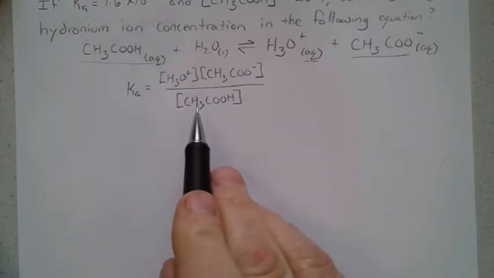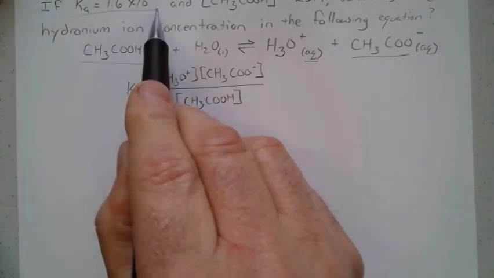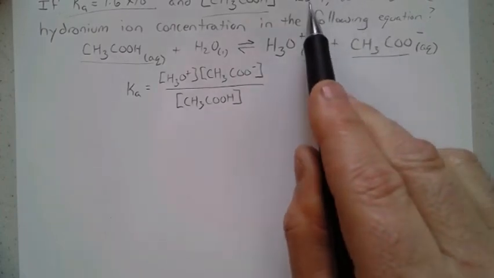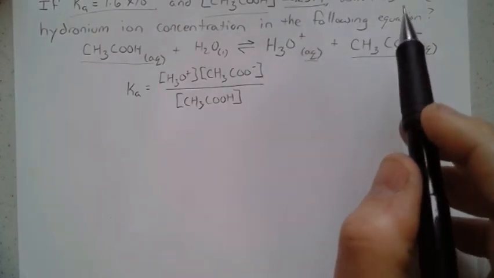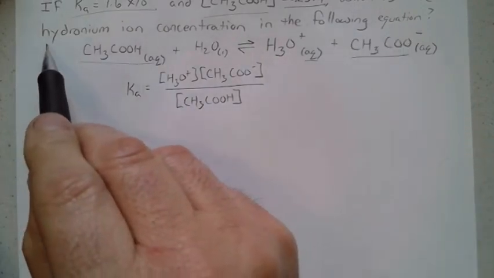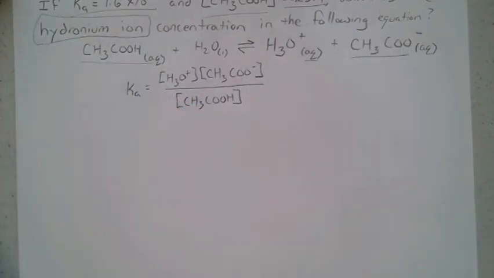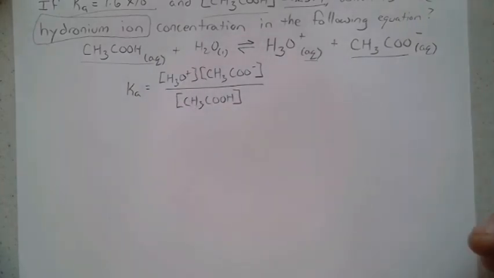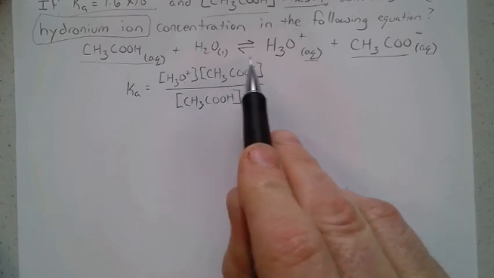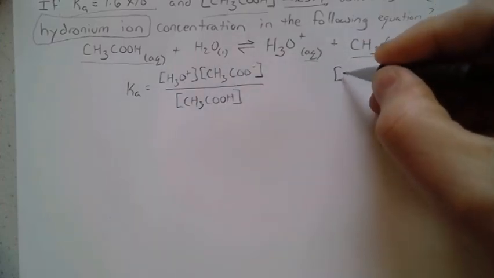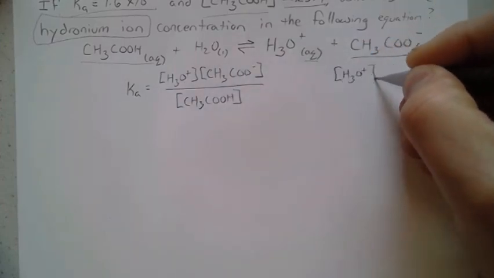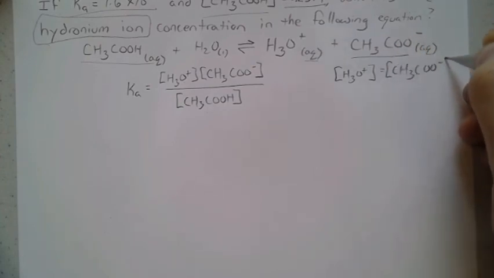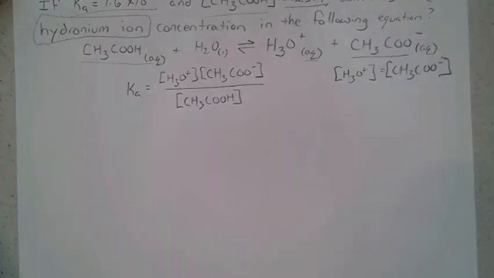Now, in this case, I have the Ka and I have the acid concentration, and I'm trying to find the hydronium ion concentration. So I'm trying to find this guy. If you remember, since these dissociate in a 1-to-1 ratio, the concentration of hydronium is going to be equal to the concentration of the acetate ion.